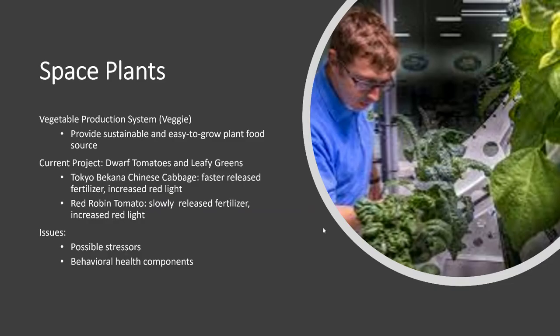But going back to eating plants, plants are very easy to grow and they're very sustainable. So that's why there's a lot of focus on plants rather than meat. NASA's Vegetable Production System, also nicknamed VEGGIE, has a goal to provide sustainable, easy to grow plant food sources.